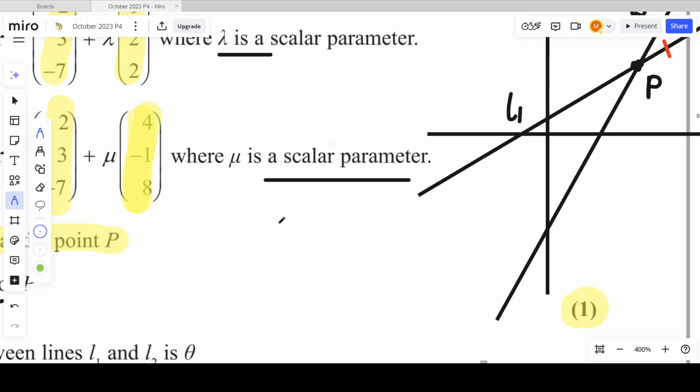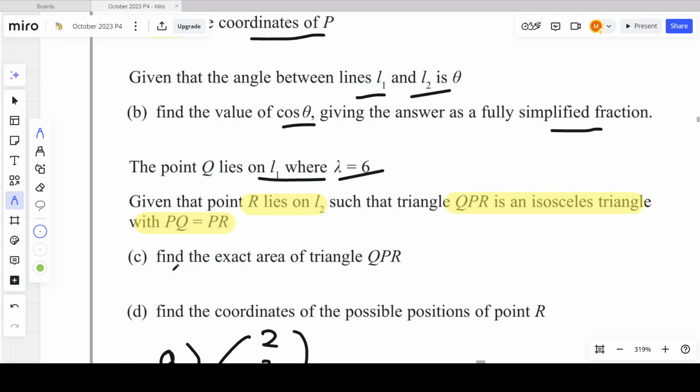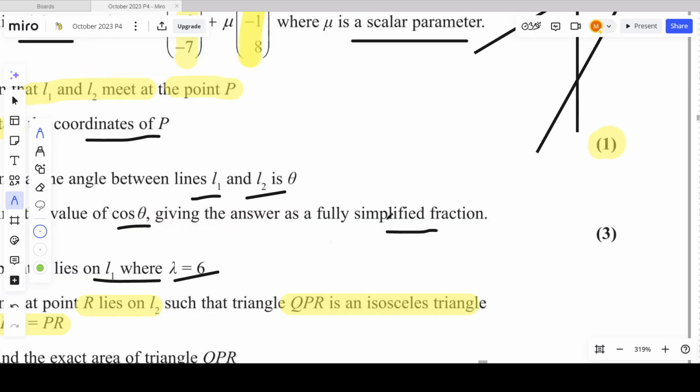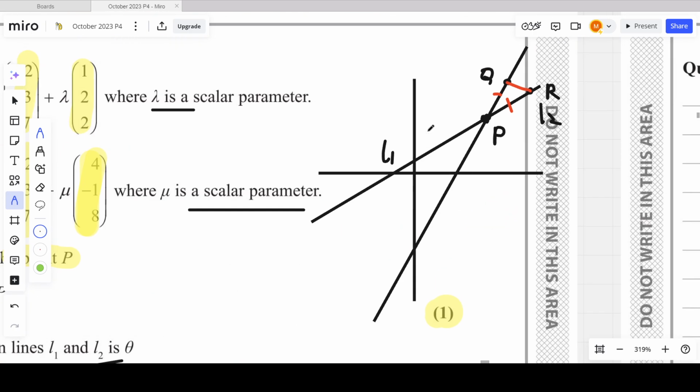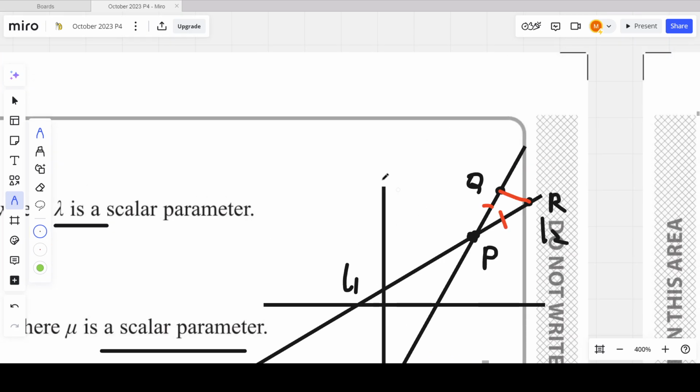Fine. Now, what's the question? Find the exact area of triangle QPR. For finding the area of triangle QPR, we have to use this formula. What formula? Half of AB sin theta.